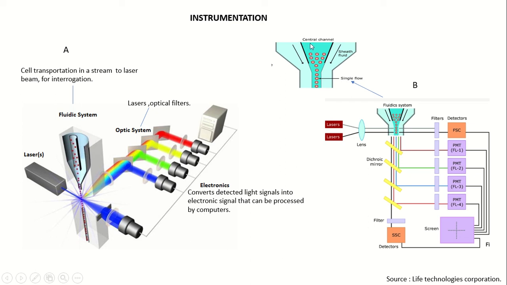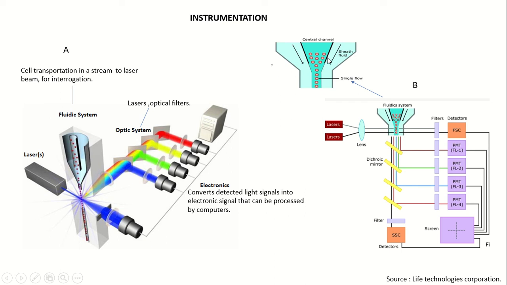This narrow quartz tube is surrounded by tubes having a volume of buffer. This sheath fluid is nothing but the buffer fluid, which remains at high speed and applies efficient pressure on the core part, maintaining the single flow in the central core chamber.